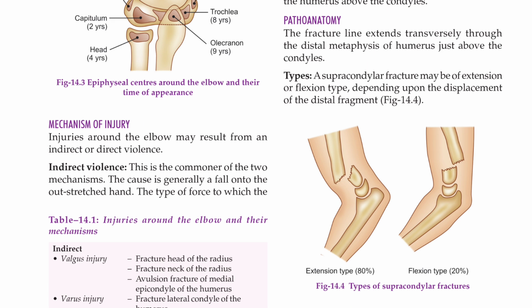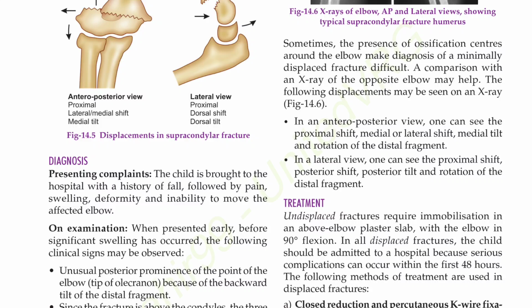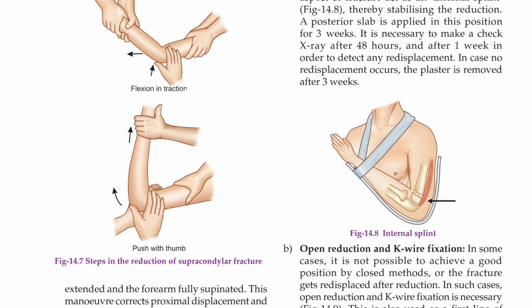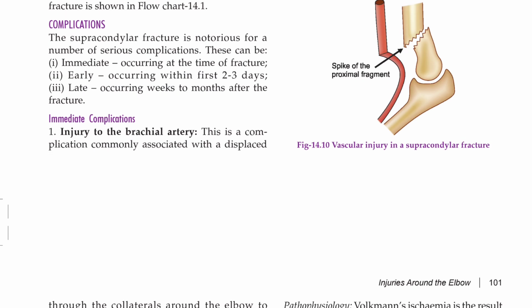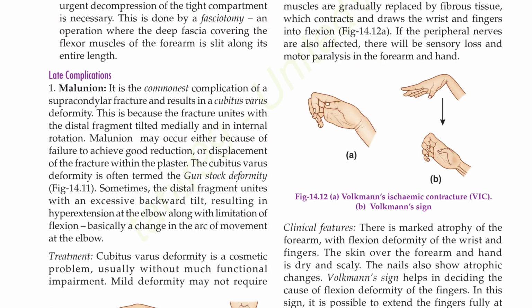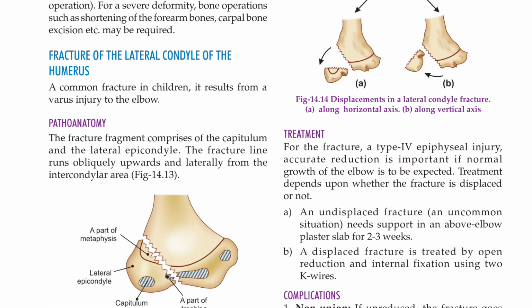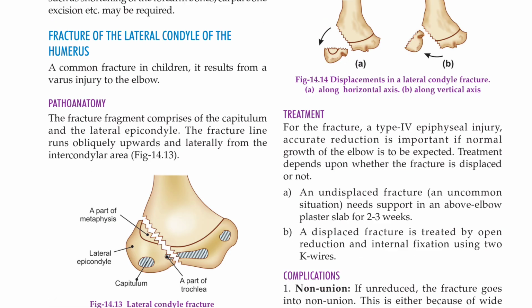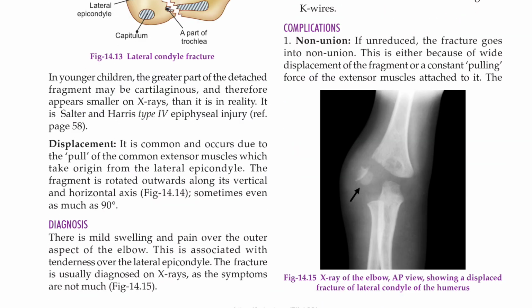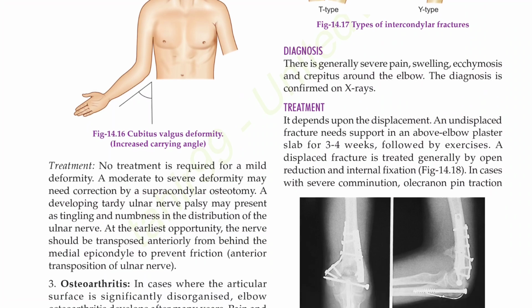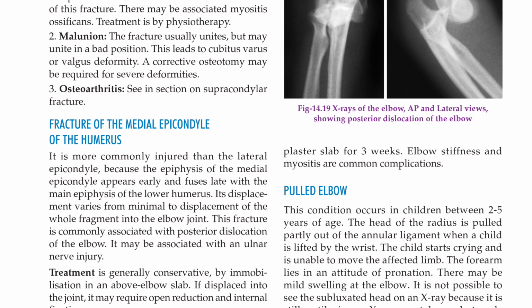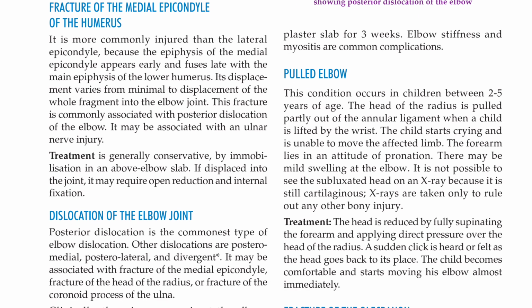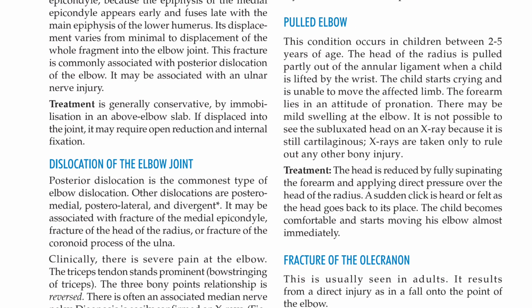Supracondylar fracture of humerus, lateral fracture of lateral condyle of humerus, intercondylar fracture of humerus, fracture of medial epicondyle of humerus, pulled elbow 2 to 5 years में ज़्यादा होता है, pulled elbow, dislocation of elbow joint.